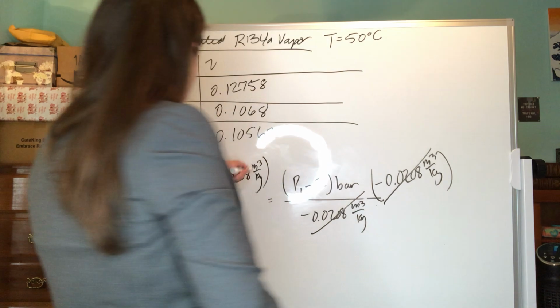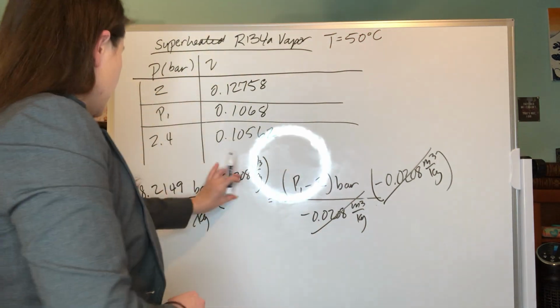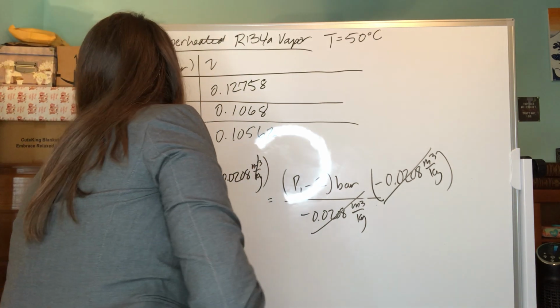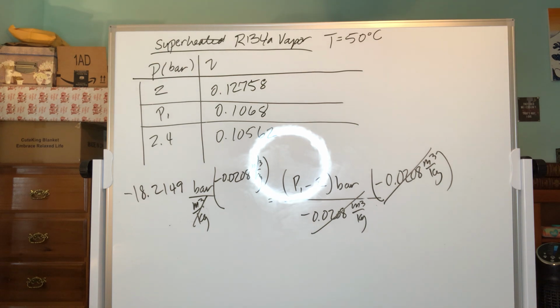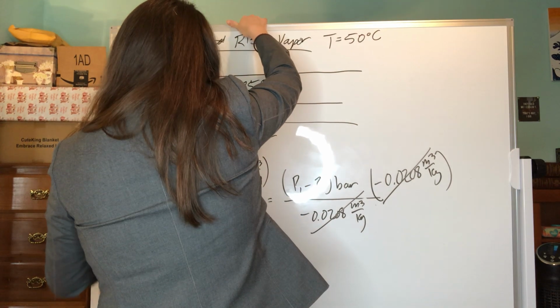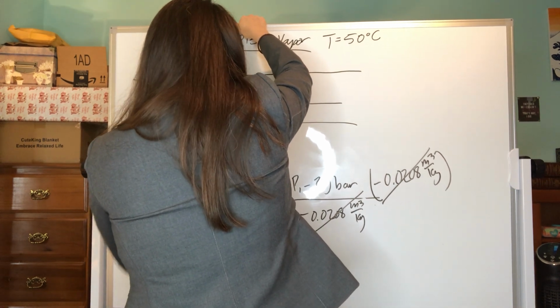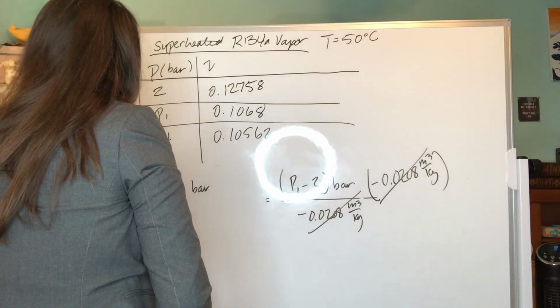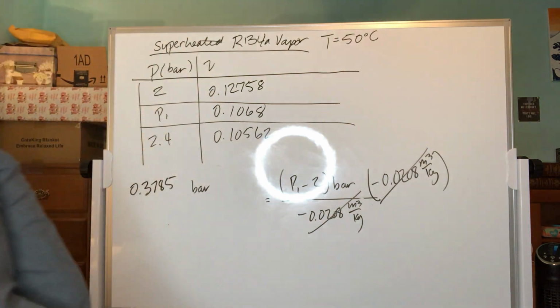These units cancel, and then this times this comes out to 0.3785 bars.